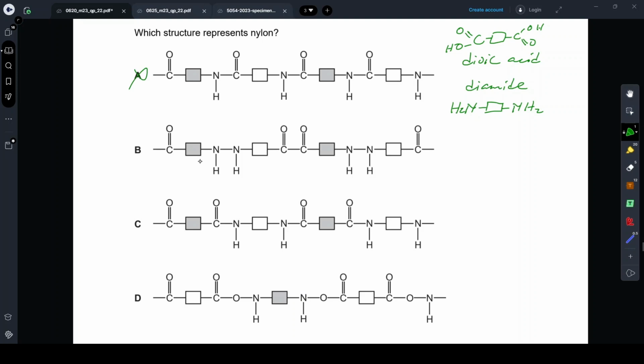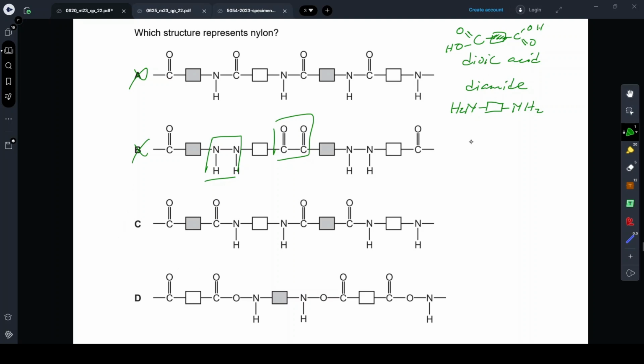And why is one block shaded and the other one is not? Oh, that's showing the central part of the molecule is different. So there are two different molecules in principle, right? So you could shade any one of these. Okay. The problem with this bonding is you don't see two amide groups linking together. You don't see two carboxylic acid groups linking together. So that's wrong, right?